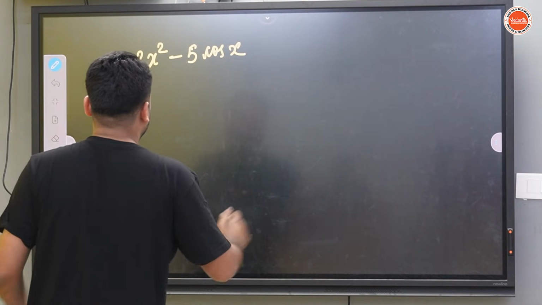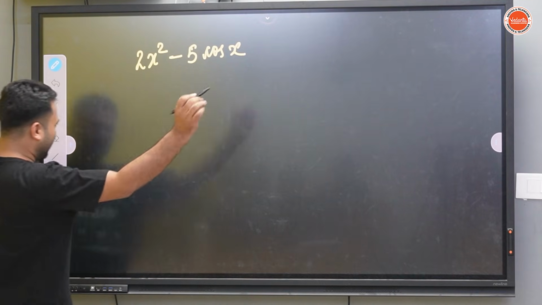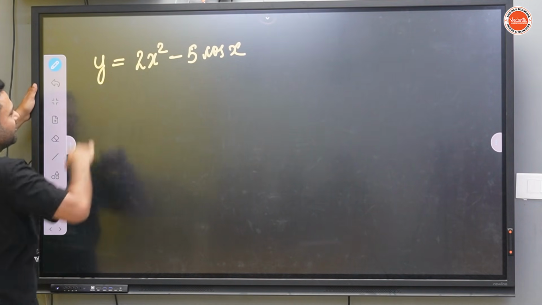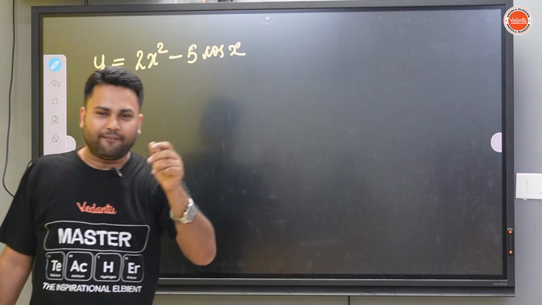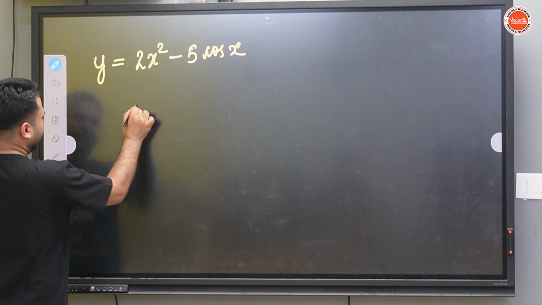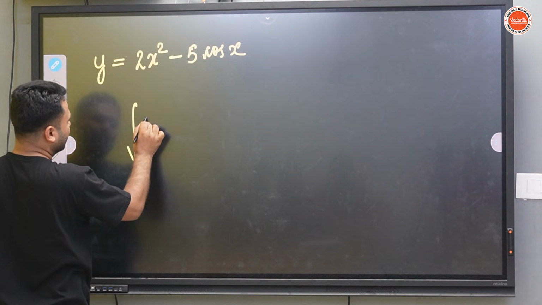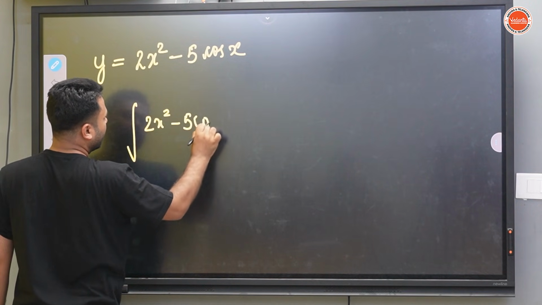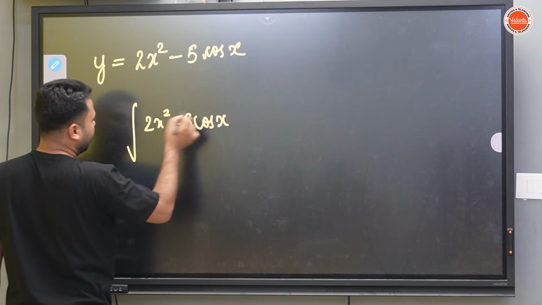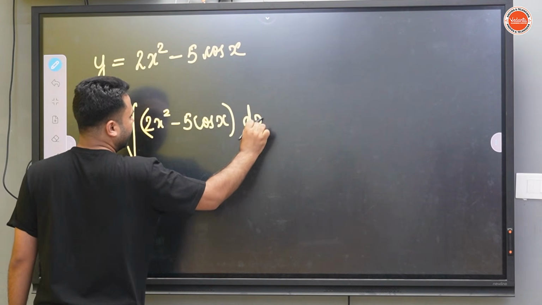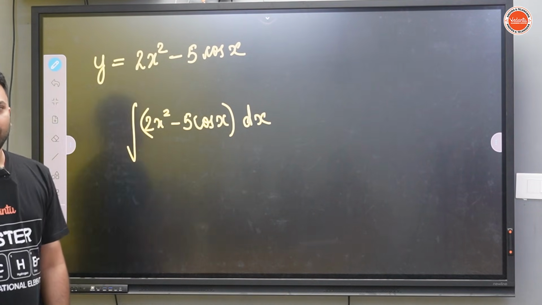So there is a format. What I am saying is, suppose y equals this, there is one equation. If they have to write integration, this is the format: integration of 2x square minus 5 cos x, and if the variable we are dealing with is x, then dx.